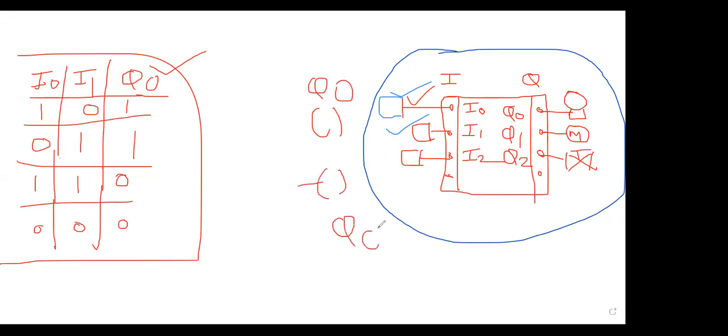You have to take only one coil because you have only one output. But inputs you can repeat. I0, I1 you can repeat, so NO and NC contacts you can take many times. But the coil will be only one. Make this and send it.